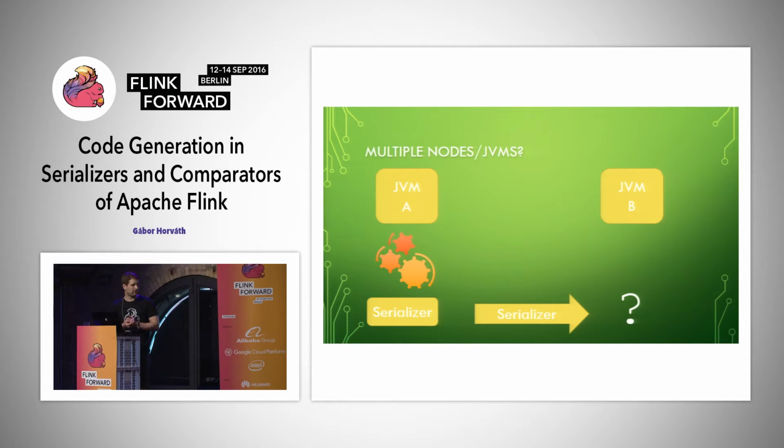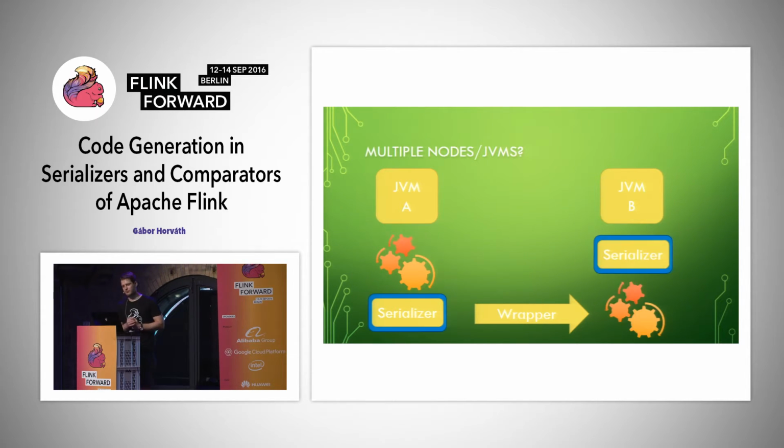There were several attempts to solve this issue, but what worked in the end, we wrapped the serializers in a wrapper, and the wrapper contains not only the serializer object, but also the source code of the serializer.